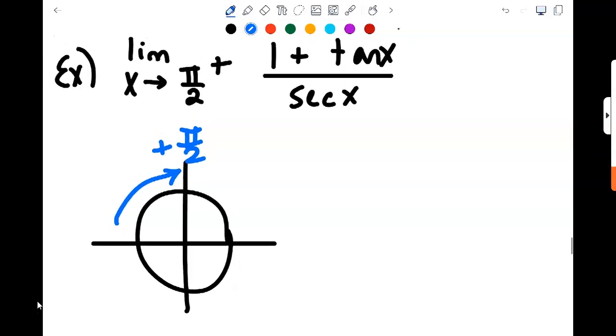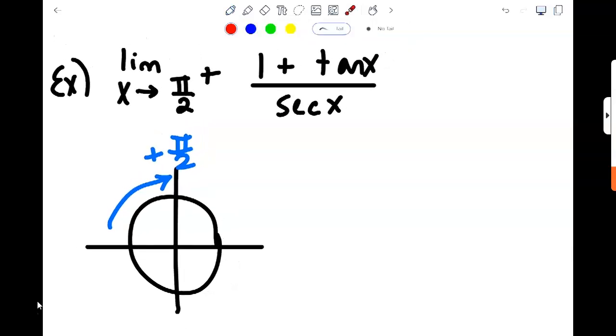And so as we're doing that, cosine, of course, is 0. So tangent would be sine over cosine. So sine's positive in the second quadrant, cosine's negative.